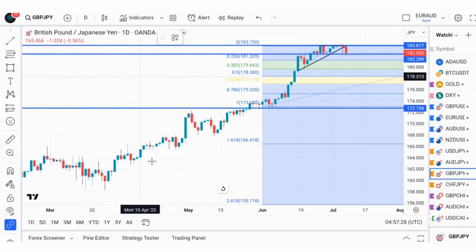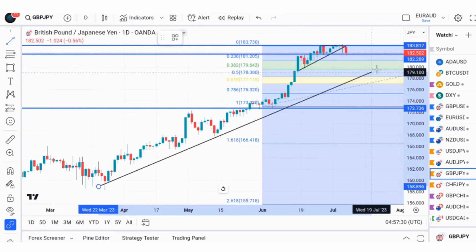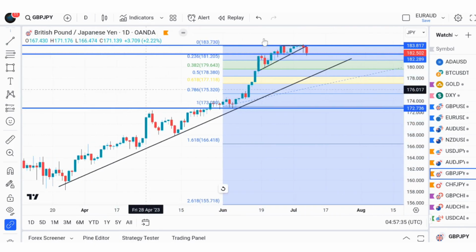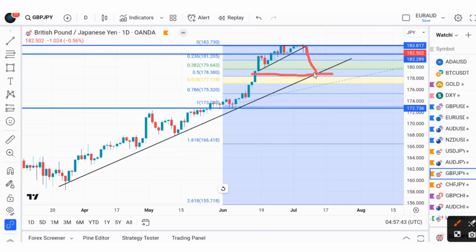Subsequently, we can actually use a trend line to determine where this might actually end right here. And if you check, it might actually end at the 50% Fibonacci retracement, and then we look for an upside move from this level. So I'm still anticipating a sell in the GBP JPY.